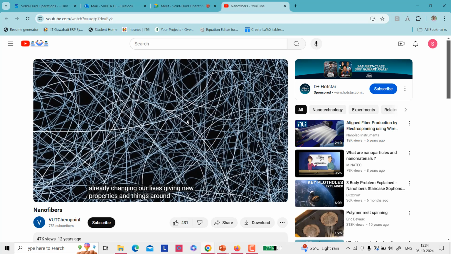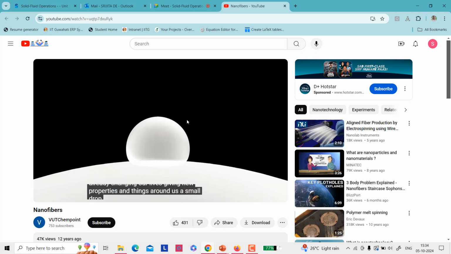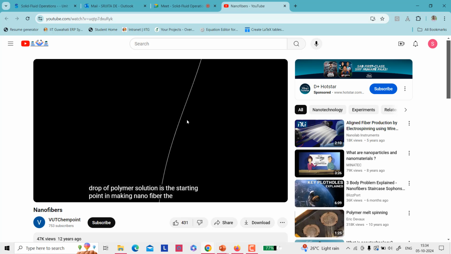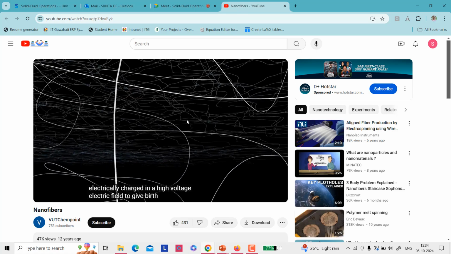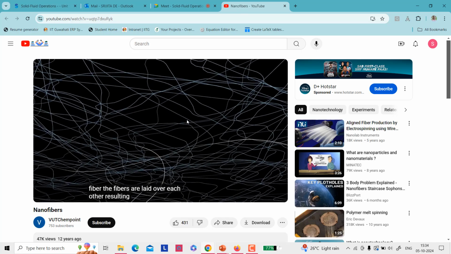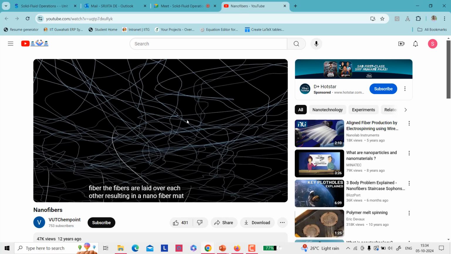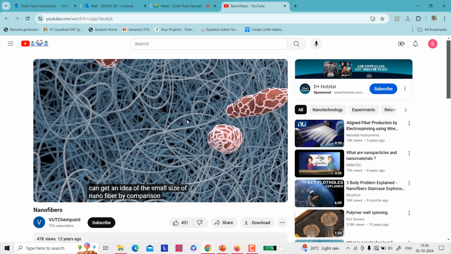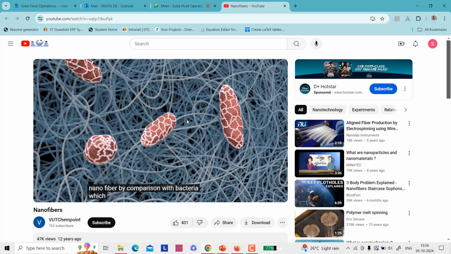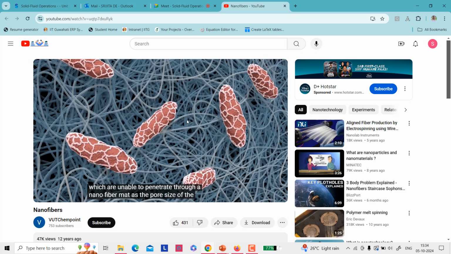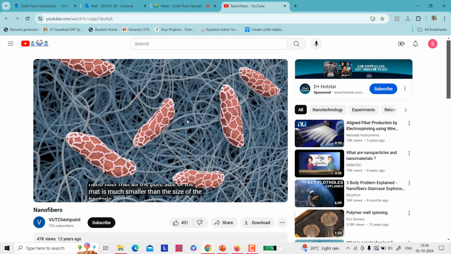The drop is electrically charged in a high voltage electric field to give birth to nanofiber. The fibers are laid over each other, resulting in a nanofiber mat. You can get an idea of the small size of a nanofiber by comparison with bacteria, which are unable to penetrate through a nanofiber mat, as the pore size of the mat is much smaller than the size of the bacteria. Nanofibers are thus capable of protecting against bacteria and viruses.